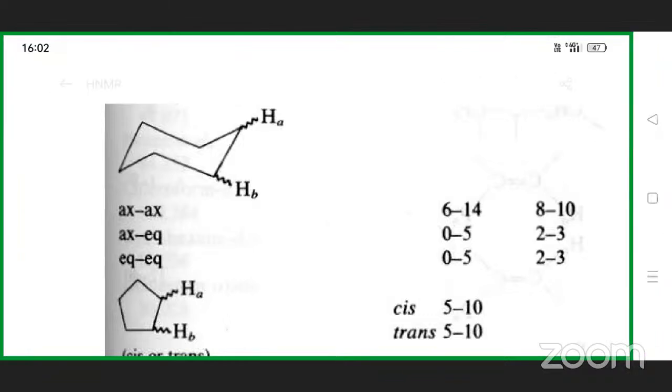In the cyclohexane derivative chair form, we have axial bonds and equatorial bonds, and coupling is possible between axial and axial, equatorial and equatorial, and axial and equatorial. So there are three types of couplings possible. For axial and axial, the delta value is 6 to 14 and the coupling constant value is 8 to 10.